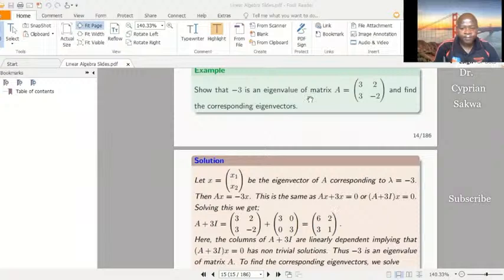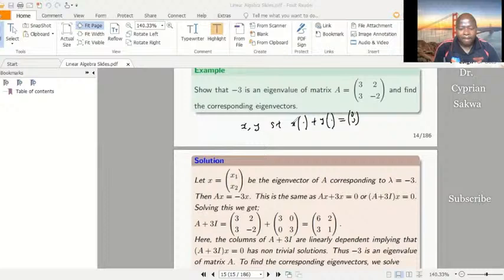If you have vectors which are linearly dependent, then we mean that we can find the scalars x, y such that the first scalar times the first vector plus the second scalar times the second vector would give you 0, 0, and that these scalars exist and not all of them are 0.